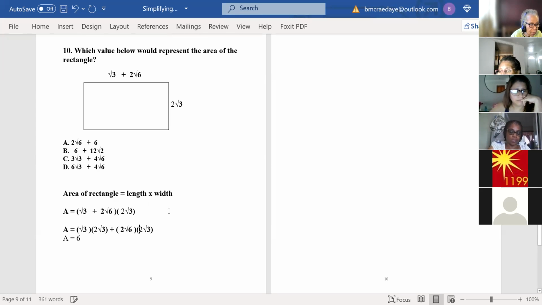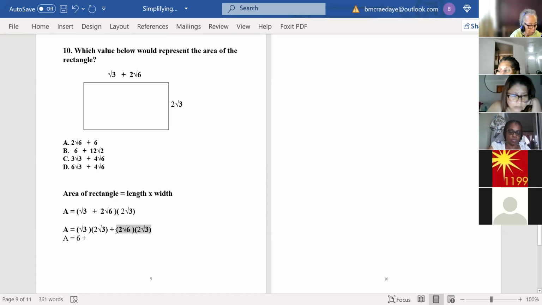So, anybody get the answer on the right side? This in front of the plus is just a 6. So you have 2 times the square root of 6. I'll put a plus and then factor that for you: the square root of 6 is the square root of 3 times square root of 2.